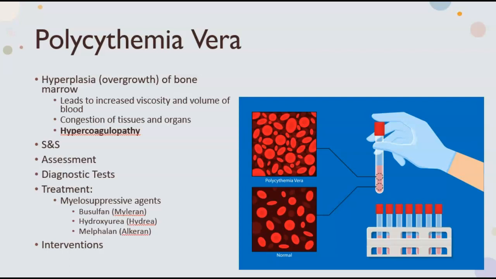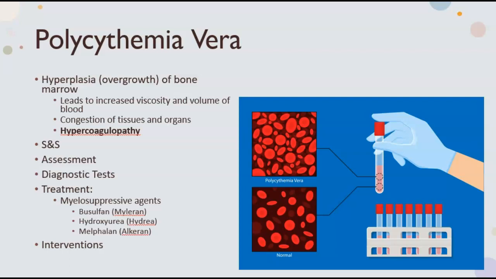Then it will be repeated if the hematocrit rises above 50%. They might also be on myelosuppressive agents, so bone marrow suppression, and you can see busulfan, hydroxyurea, and melphalan, because those will decrease the bone marrow.